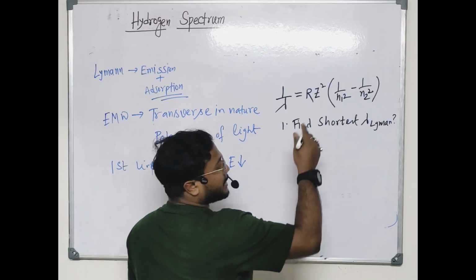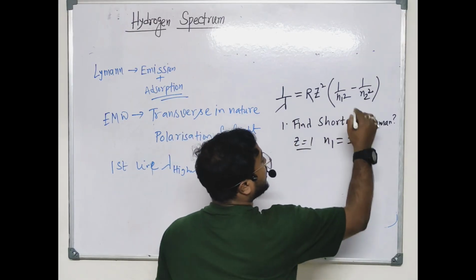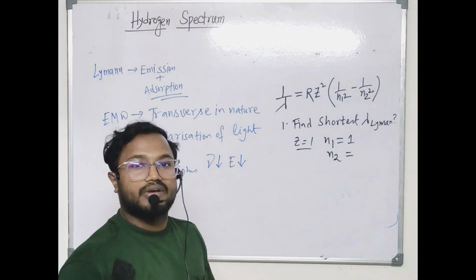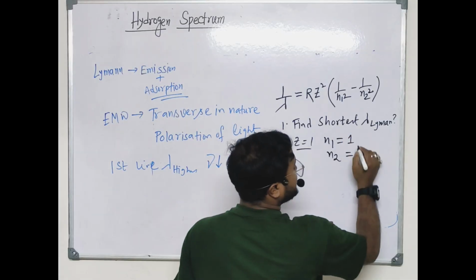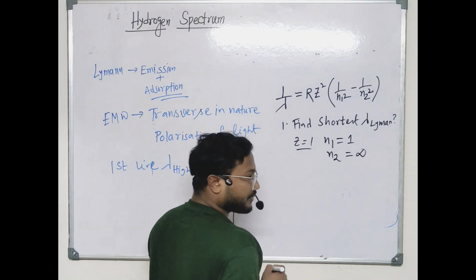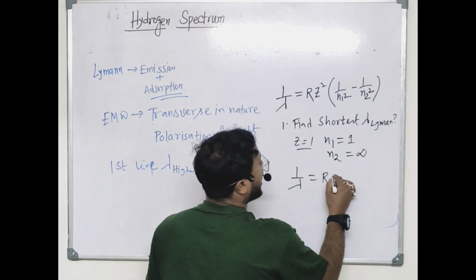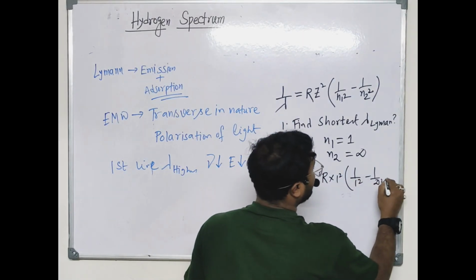I am going to use n1 and n2 value as Lyman series. So n1 value is 1. And in this case, what is going to be the n2 value? In this case, n2 value is going to be, shortest it is asked, so it is infinity. As a result, I can say 1 by lambda equal to R into 1 square into 1 by 1 square minus 1 by infinity square.